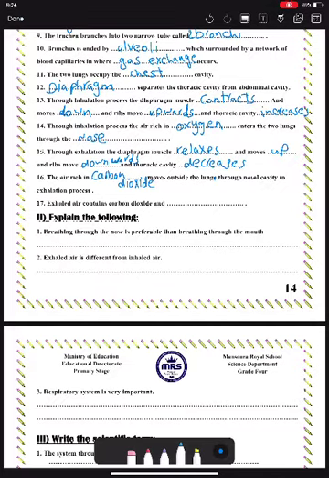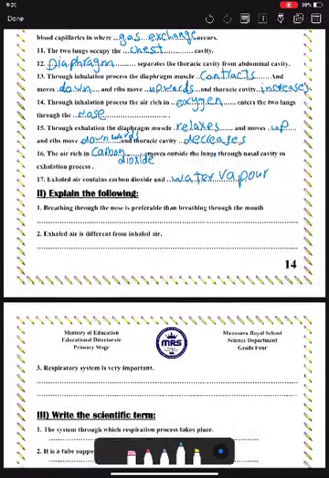Number 17, exhaled air contains carbon dioxide and water vapor. I can detect the presence of carbon dioxide, which is found inside the exhaled air, by the lime water. So the lime water is used to detect the presence of carbon dioxide inside the exhaled air. Explain the following.